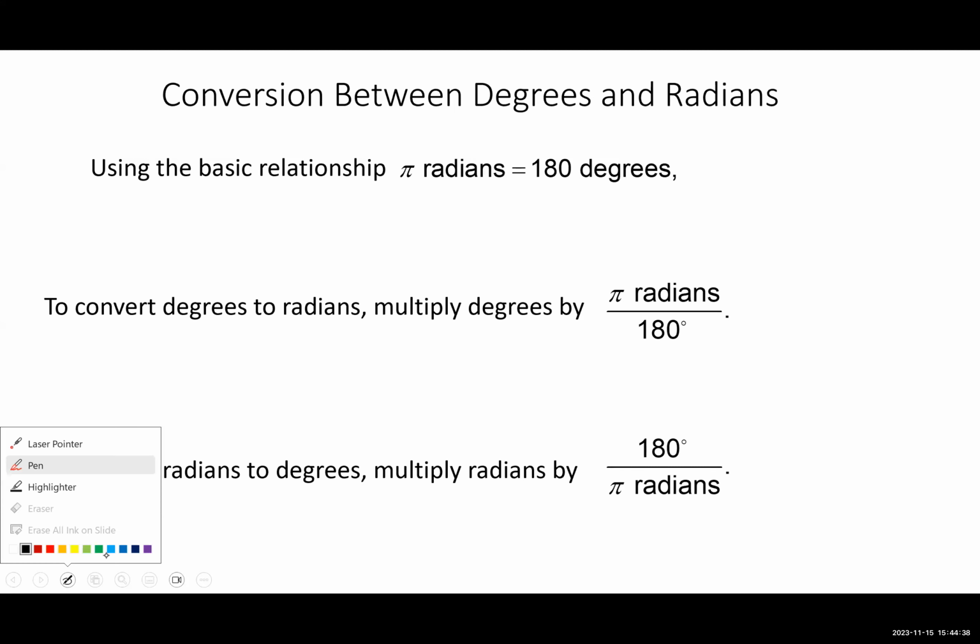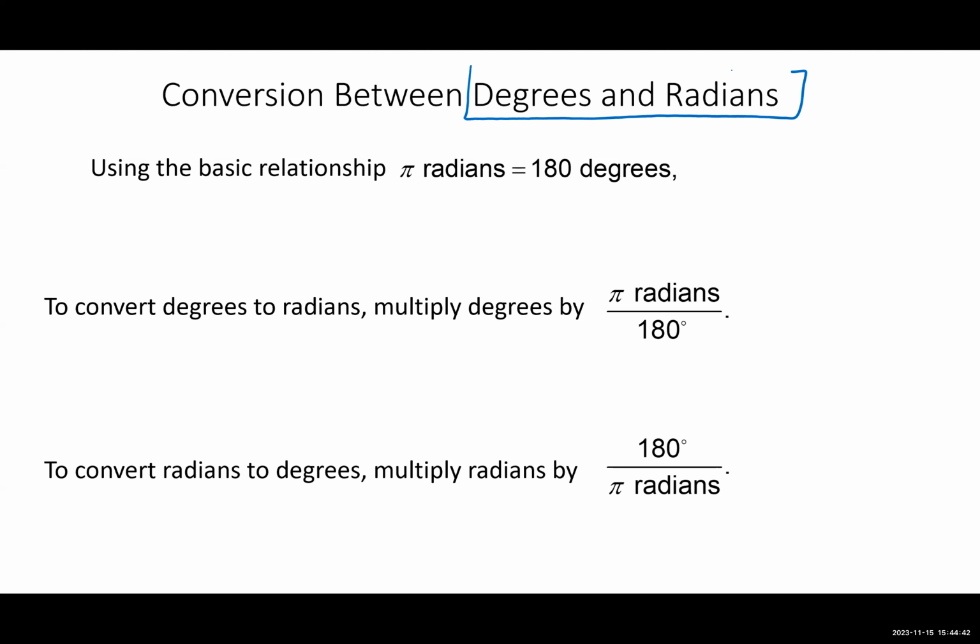One thing that we're definitely going to have to be able to do is convert between radians and degrees, and degrees and radians. If I say to you right now, take out a piece of paper and draw an angle of 6 radians, what does that look like? I don't know.